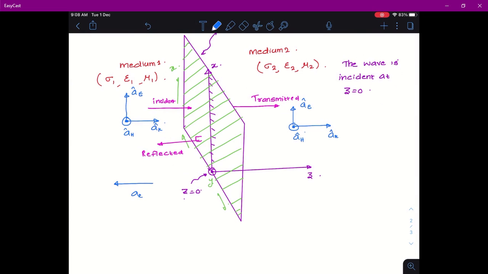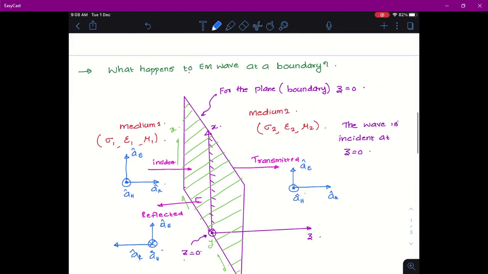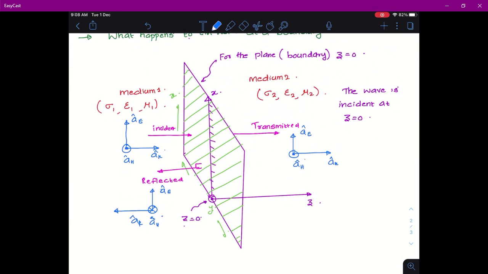Let's assume that the direction of electric field remains the same, but since the direction of propagation has reversed, the cross product of a_k cap and a_E cap now will have a different direction. That means a_H cap will be towards the plane of paper. So now the a_H cap has changed direction.